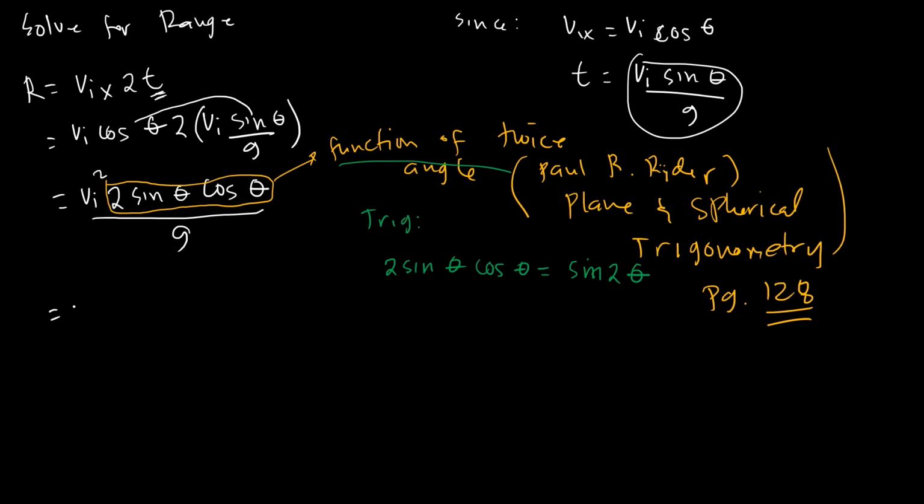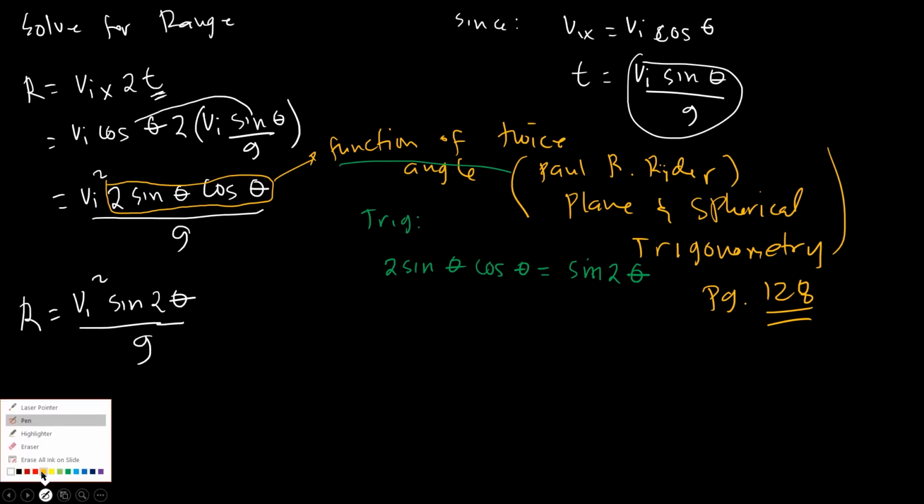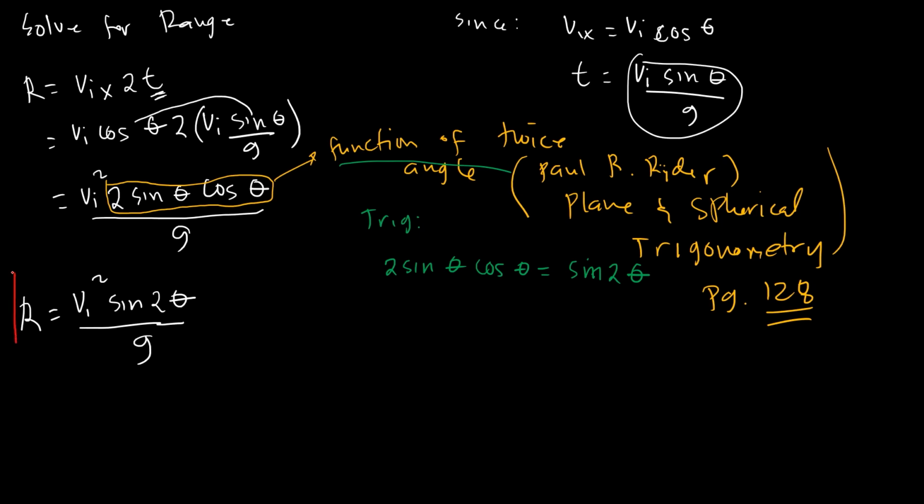So from that, we can write it as v sub i square times sine 2 theta divided by g. And this is now the formula for computing or for solving for the range of the projectile. So this is now the formula for the range of the projectile.